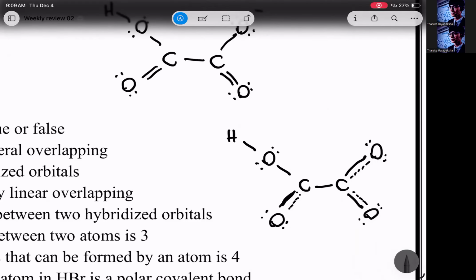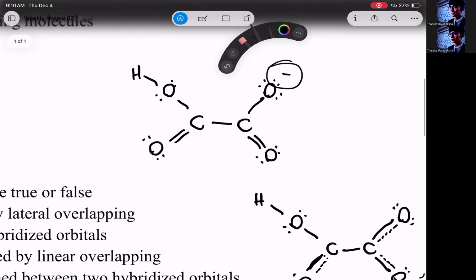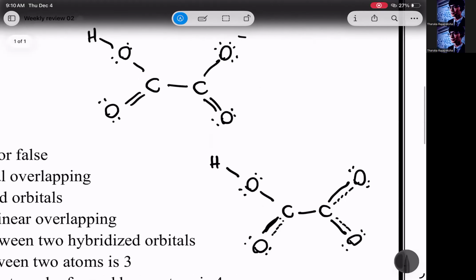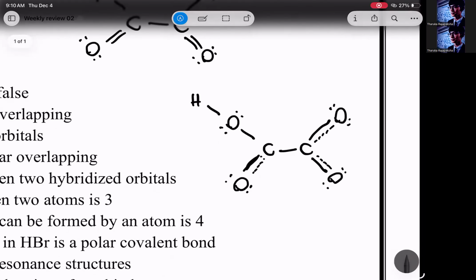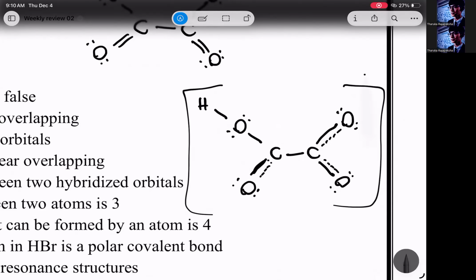The total charge is -1 now, because there's only -1 charge here. So -1 charge divided into 3 locations. So you can put -1/3 to each of these atoms. -1/3, -1/3, -1/3. You can put it like that. That's also possible. Also, you can do it like this. Put a square bracket as before. Square bracket and put -1. That's also correct.